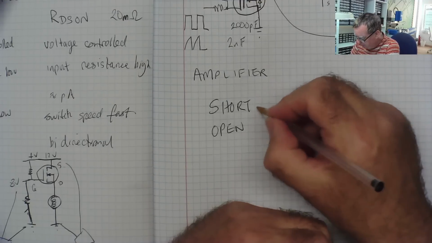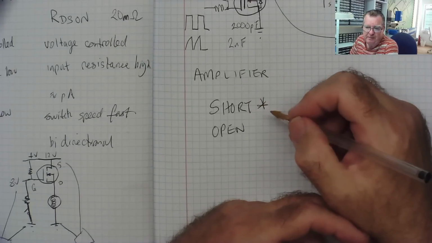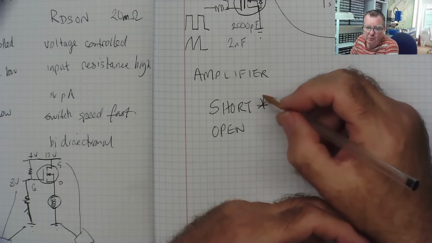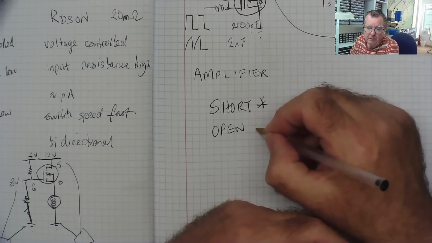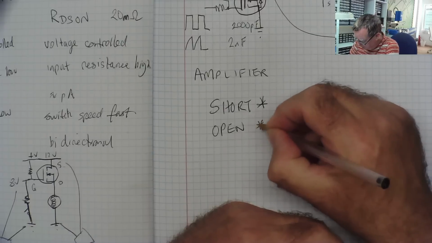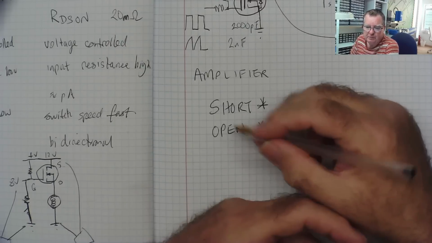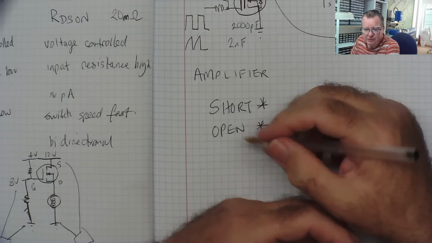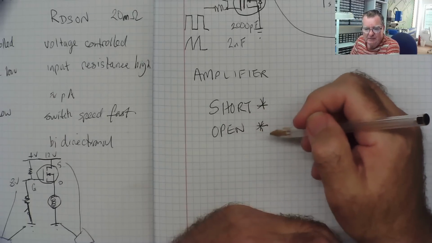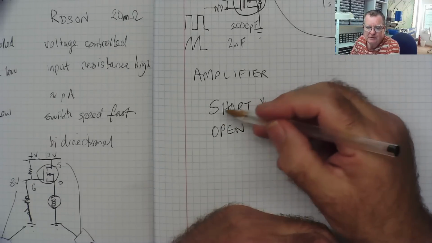So short circuit MOSFETs is a very common failure, and quite often as well they will explode. They will go open circuit, so they can burn up, explode. Sometimes they can look like they've exploded and still be short. But these are the main failure modes of MOSFETs.